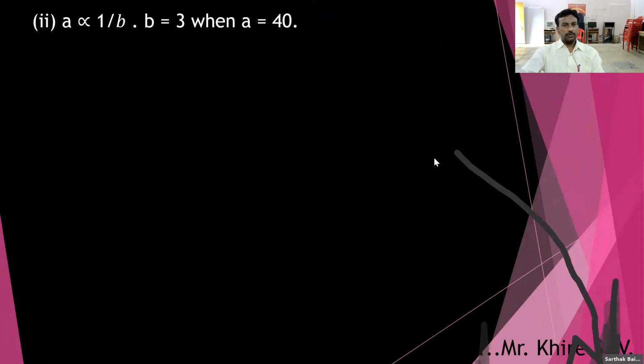A is inversely proportional to B. If the value of B is 3 when A is equal to 40, then find the value of B.